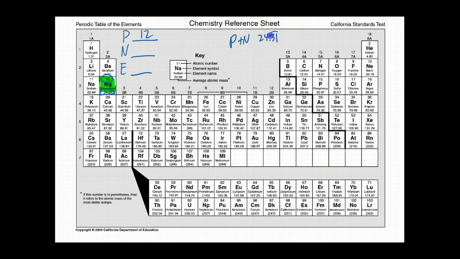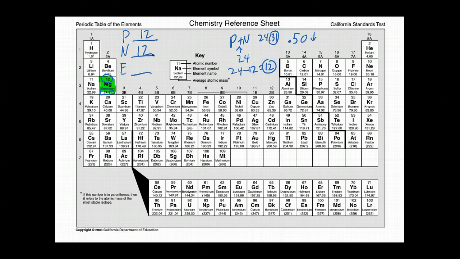This 0.31 is lower than 0.50, so you round it down. Now you have a whole number of 24, and that stands for your number of protons plus neutrons. To figure out your number of neutrons, you take protons plus neutrons, subtract the protons out, and you get 12 neutrons.